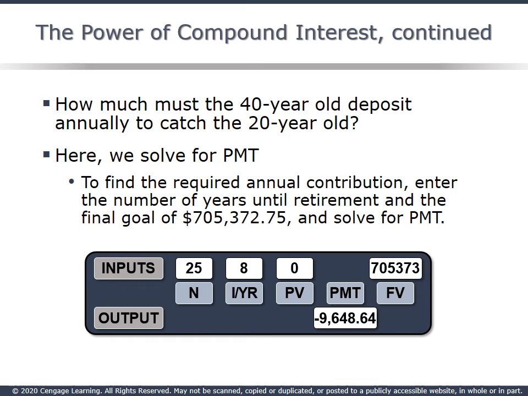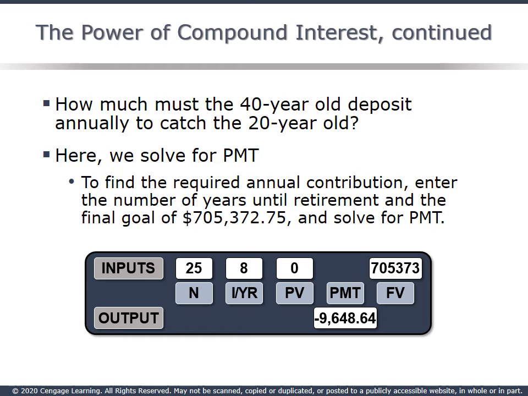So what we don't know here is the payment. We know the time period is 25 years. We know the brokerage account pays 8%. We know what she'd want to end up with, but we don't know what would be the increased payment to make this happen. Wow. When we solve for this problem, it's a huge difference.